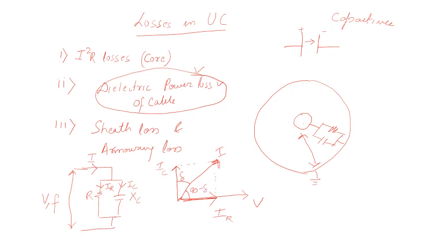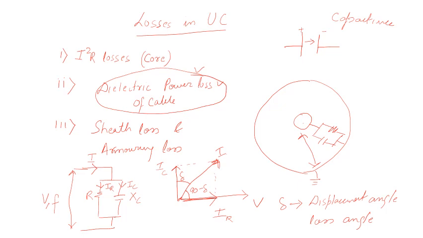Now this angle delta is called the displacement angle. It is also called the loss angle. If you check the phase difference between your resultant current and your phase voltage, it will be this angle.